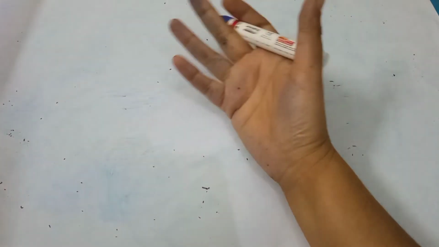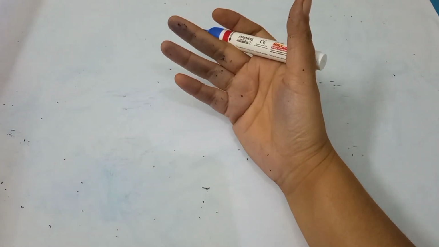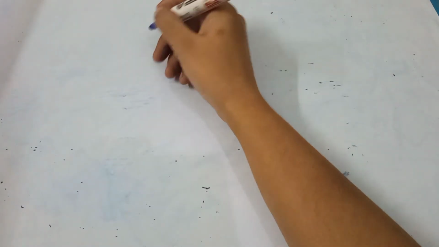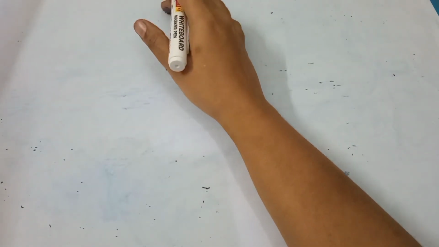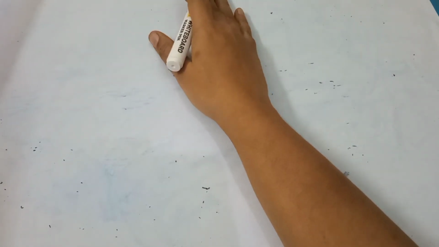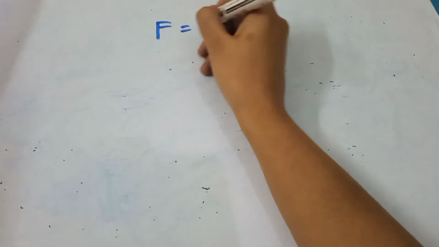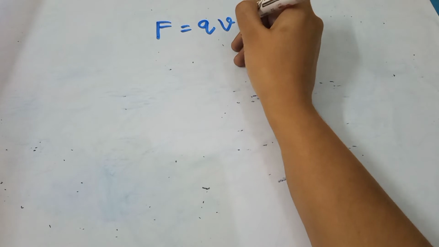In 21st question, if the speed v of a charged particle moving in a magnetic field B is halved, then the radius of its path will be. We know if an electron is moving in magnetic field B, then the force on that electron is equal to qVB.